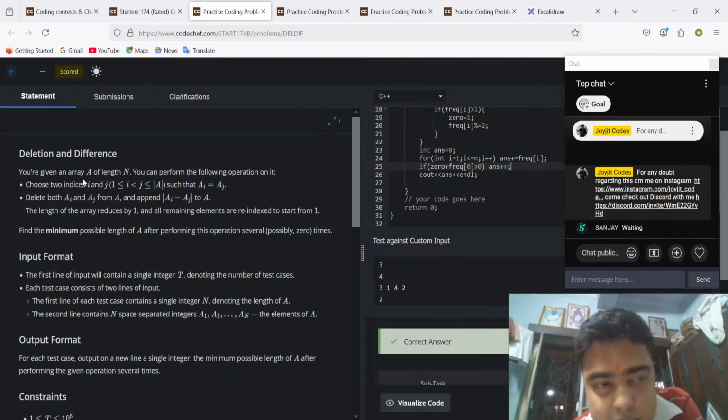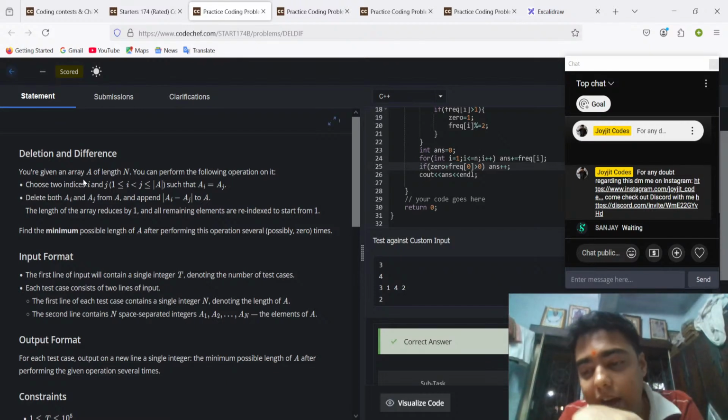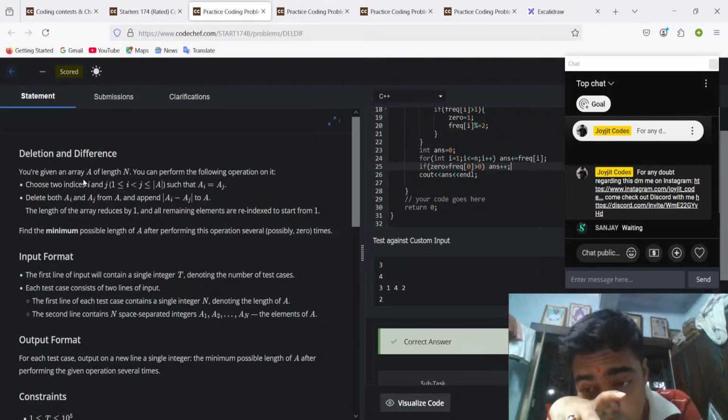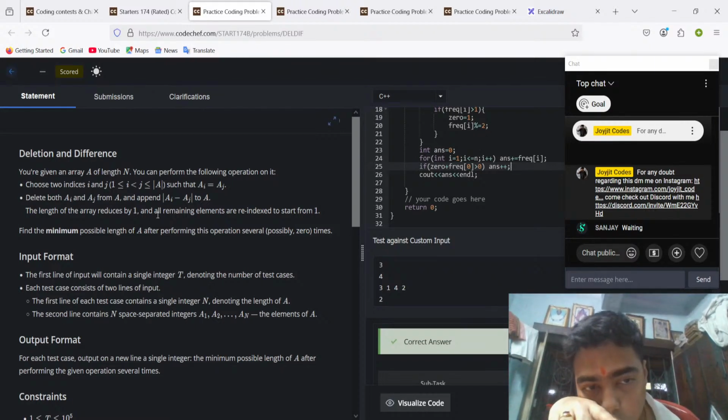You can choose any two indices i and j such that A[i] and A[j] are both equal. Now we have to delete both A[i] and A[j] from A and append the modulo of A[i] minus A[j] to A. The length of the array reduces by 1, which is right. And all remaining elements are reindexed from the start. This is not important, because we don't need to focus on it that much for the time being.